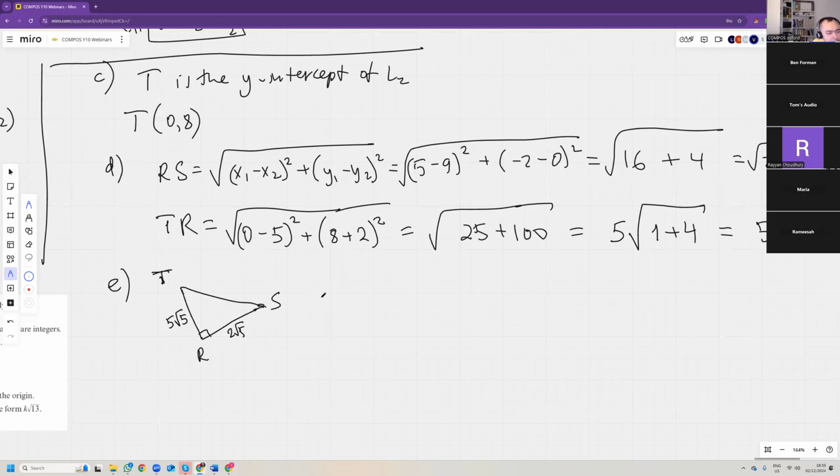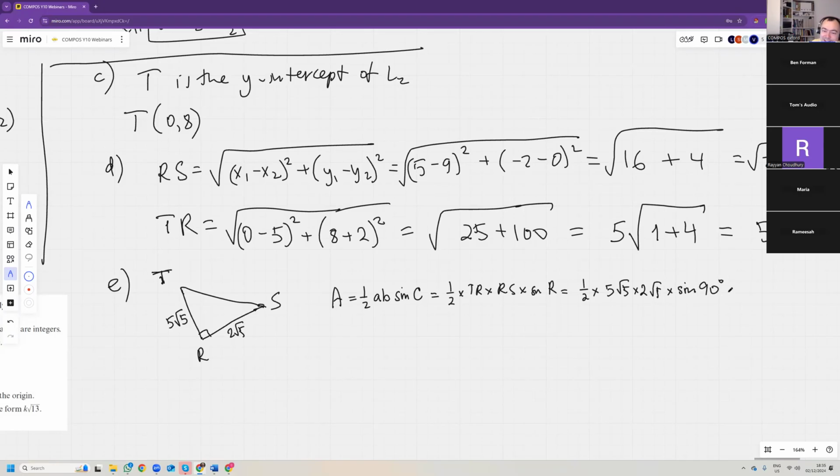But you can also do it like this. The area of a triangle is 1/2 AB sine C. In this case it is 1/2 times TR times RS times sine R, which is 1/2 times 5 root 5 times 2 root 5 times sine of 90 degrees.